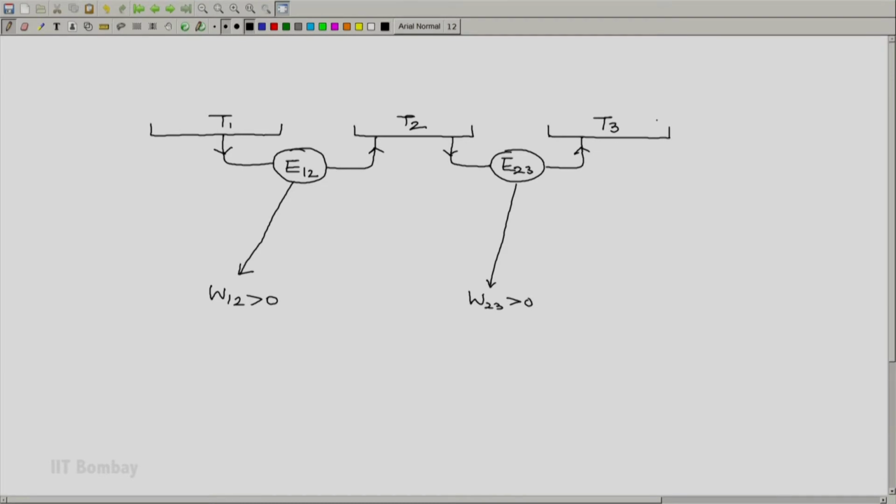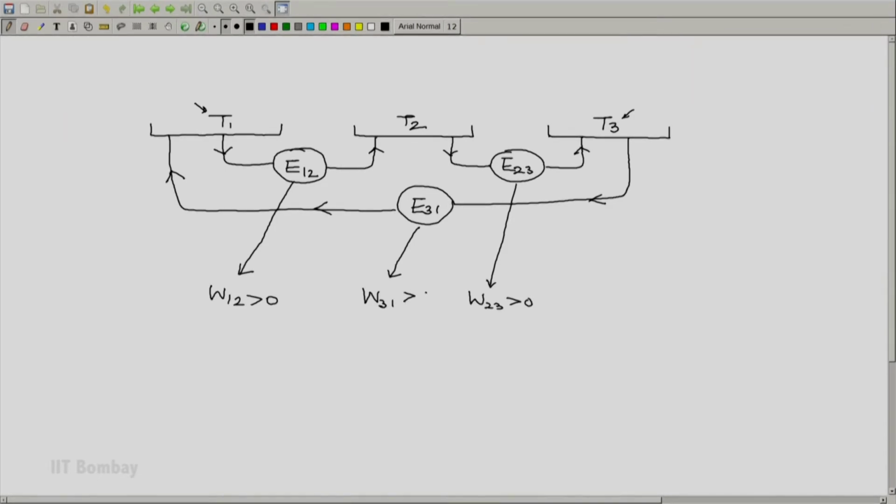Now, our option B said that we have an engine E31 working between T3 and T1 such that it absorbs heat from the reservoir at T3 and rejects it to the reservoir at T1 and produces a positive amount of work W31 greater than 0.